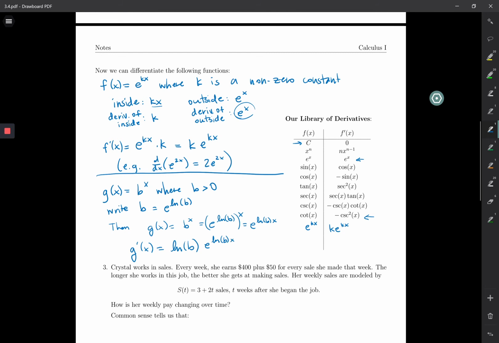And remember that these undo each other, so what we want to do now is rewrite this as b to the power x, right? So we're just undoing that step that we did in the beginning. Okay, so that means we get that the derivative of b to the x for an arbitrary b is natural log of b times b to the x.